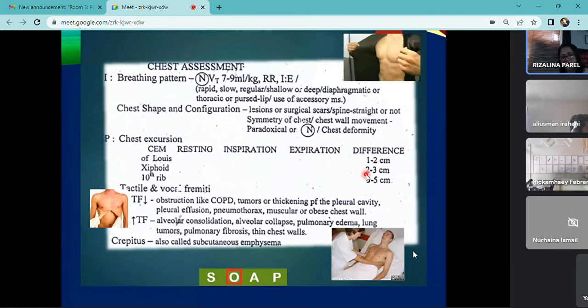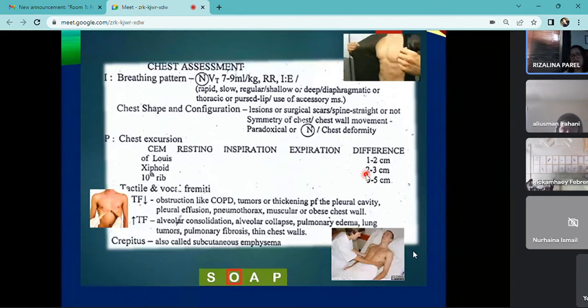And then for the xiphoid process level, we should use a tape measure. So we wrap the tape measure around the patient's chest and ask the patient to exhale fully. Let all the air out first. Okay. And then we see where the centimeter reading reaches.